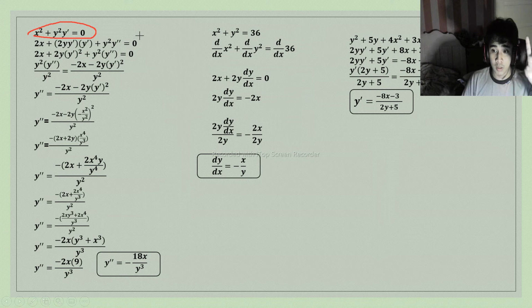Y tapos dalawang prime. Joke lang. So, simplify natin. Y prime times y prime will be y prime squared. So, y squared plus y prime squared plus y squared quantity y second derivative is equal to 0.